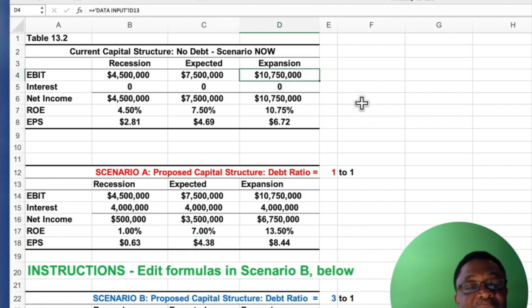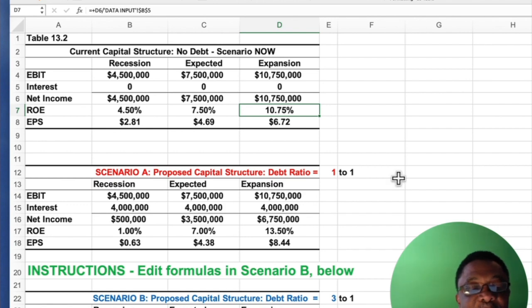If we have a boom economy where EBIT is $10.75 million, then the leverage helps us. So again, if we have a boom economy where the EBIT is $10.75 million, then the leverage helps us, because if we have EBIT of $10.75 million, we have no debt, we have return on equity of only 10.75%.